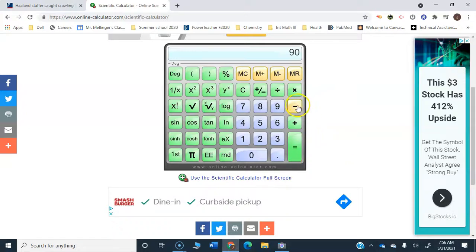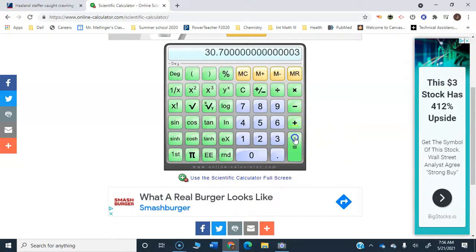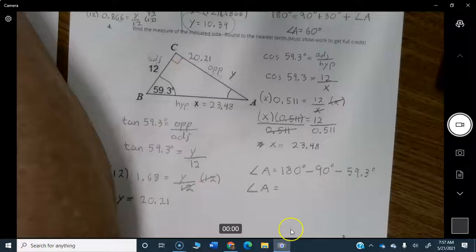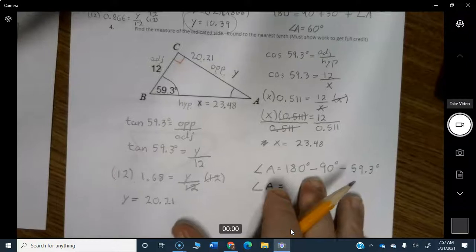Now you do another minus 59.3, and you hit equal, and it gives you a strange answer, 30.7. The answer should be 30.7 with nothing else after it, but for some reason it's showing this, so I'm going to have to reconsider this calculator because that's just a simple subtraction.